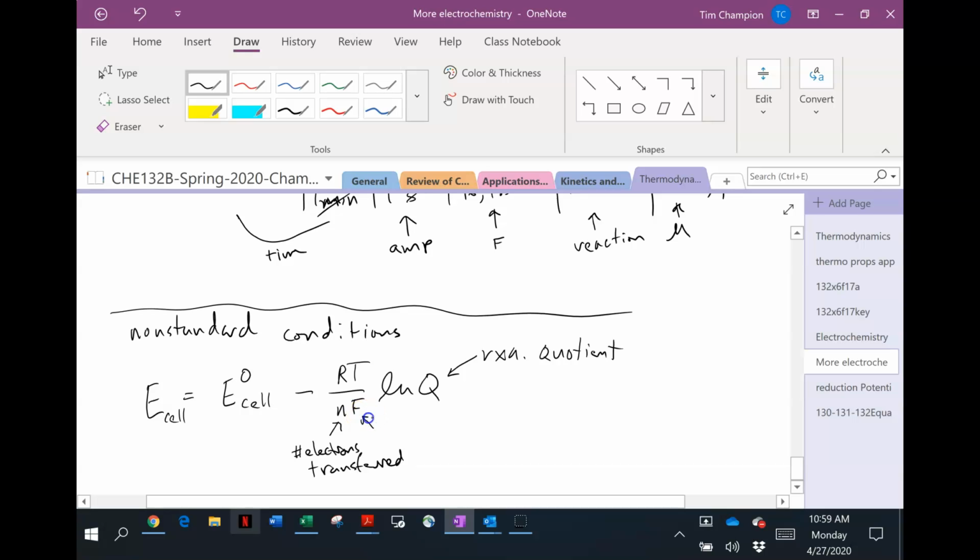F is the Faraday constant. T is the temperature in Kelvin. And R is the gas constant in energy units.